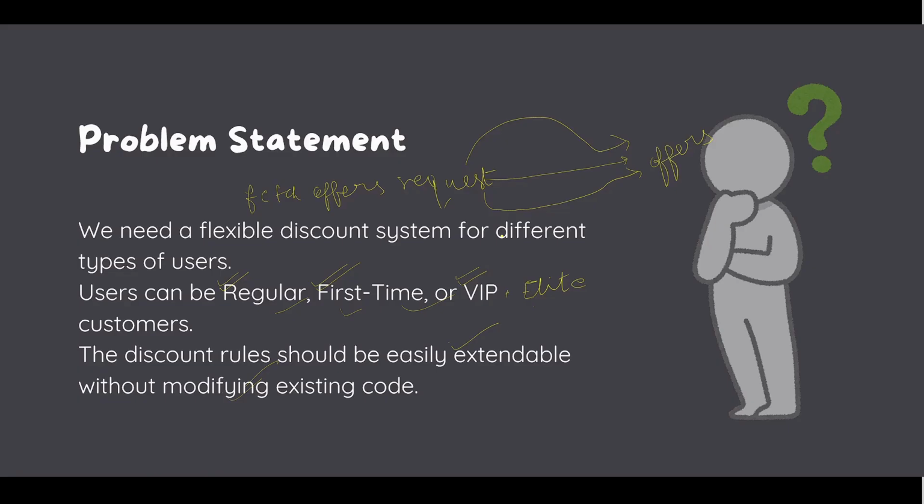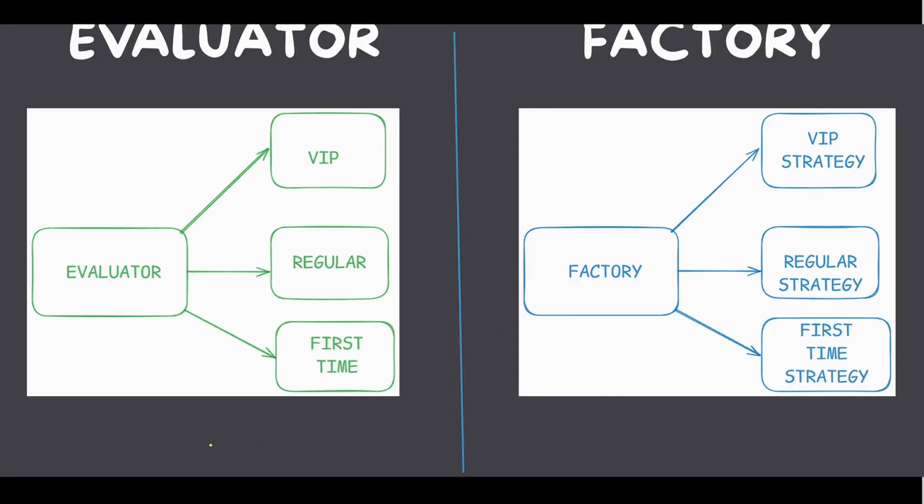So we'll see how our evaluators and factories will be defined here. Our evaluator, based on the request, will give what kind of user it is. We may get this data in the request itself, or we'll have to calculate it based on the request. That depends upon the use case, but all this logic will go in this evaluator.